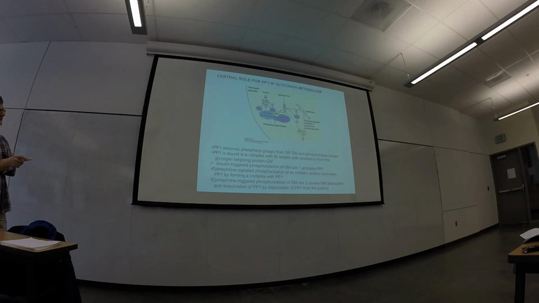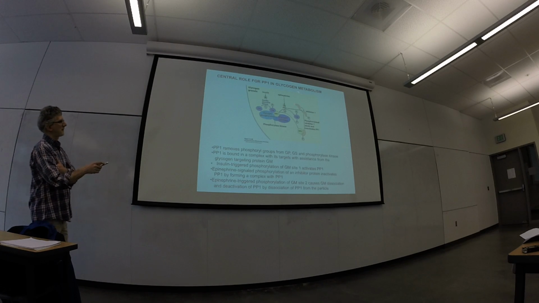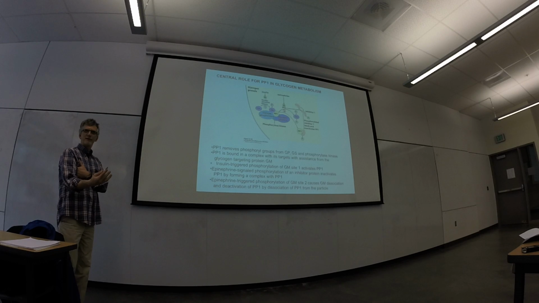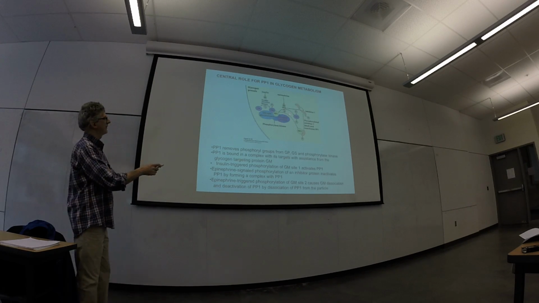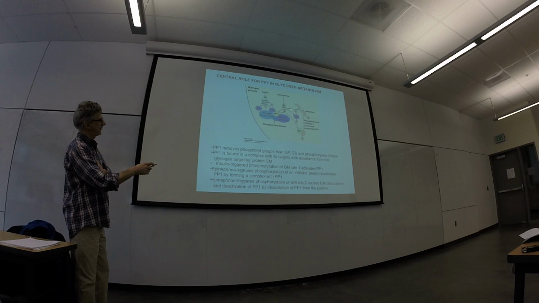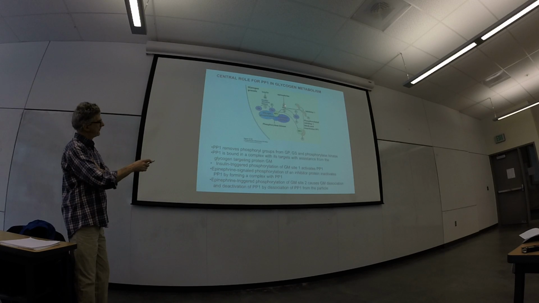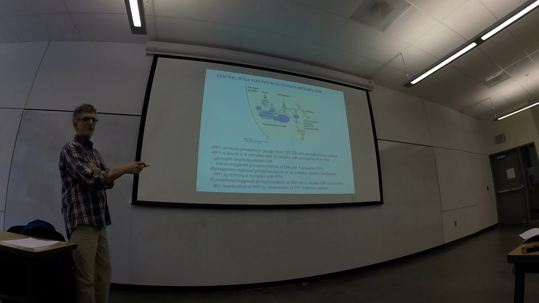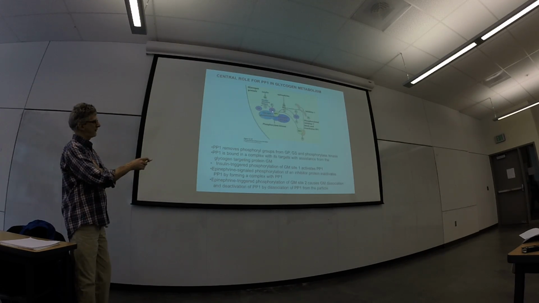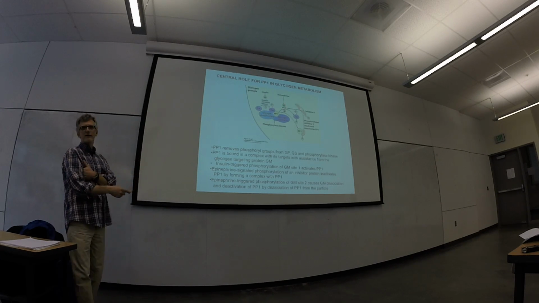Epinephrine, on the other hand, wants to trigger more release of glucose because we need the glucose for fight or flight response. So in that case, it operates through PKA, and PKA can either function by phosphorylating PP1 and pulling it out, by phosphorylating GM and pulling it out of the particle, or by promoting the association of GM with an inhibitor protein, which also pulls PP1 out of the particle.